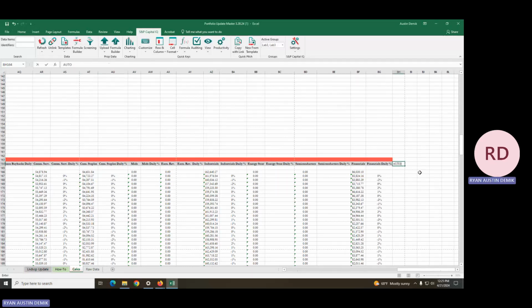So here we're going to put in auto. Actually, we need to put it in correctly. So auto, and what this is doing essentially is a lookup and a summation of all of the information of all of the positions for that strategy on the specific date. So you can just copy this here. We'll paste that there.